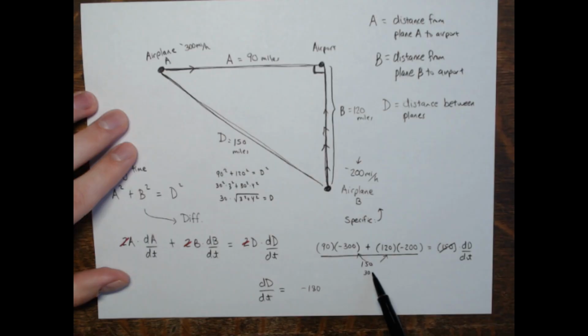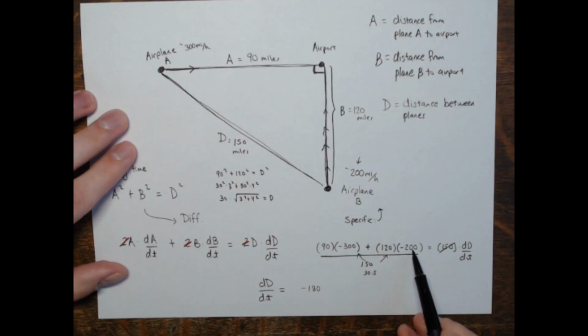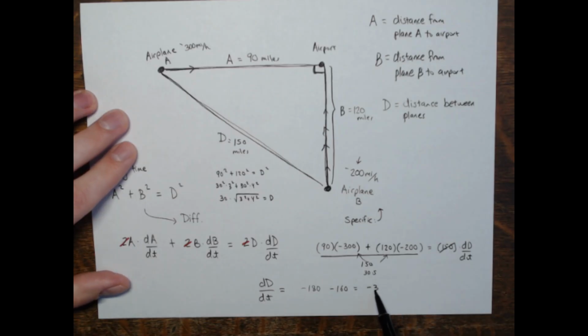And this is 30 times 5, and 30 goes into 120 4 times, and then 40, right, 5 times 40 is 200. So it'd be 4 times negative 40, that'd be minus another 160. So putting these together, that'd be negative 340 miles per hour, because it's distance over time units again.